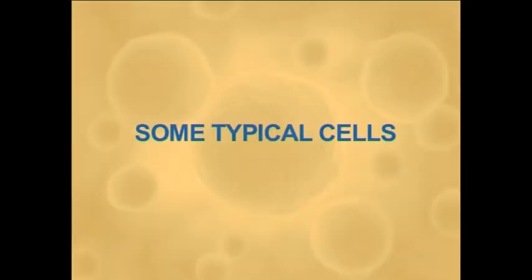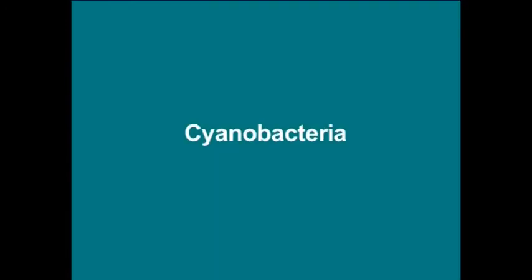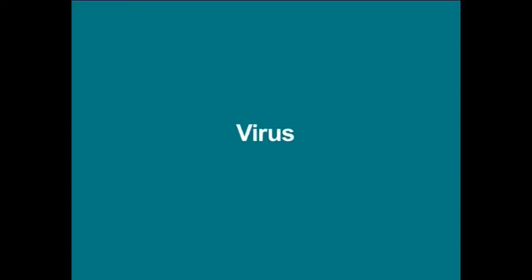Let us now take up some typical cells. Some cells have typical characteristics which differ from normal cells. Some examples are cyanobacteria. Cyanobacteria are small, aquatic, photosynthetic and usually unicellular organisms, though they often grow in large colonies. Next are the viruses.